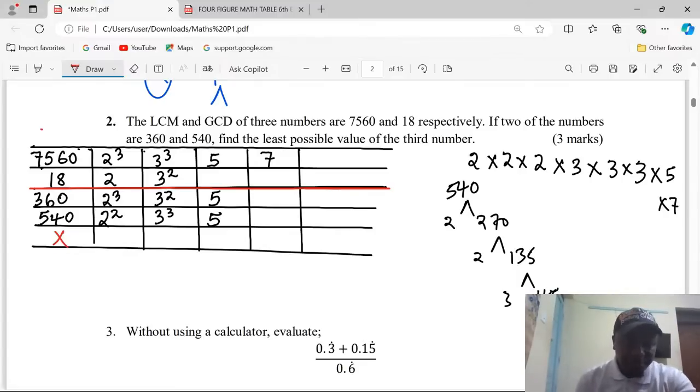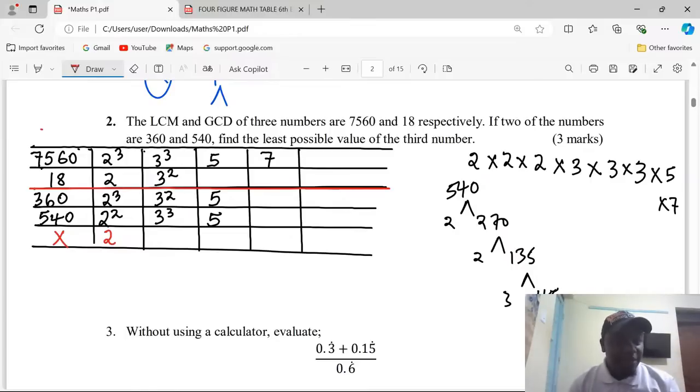This means the number which is coming in, for it to be sharing the GCD, it should at least have 2, because 360 will provide 2 power 3. So we just want minimally the 2 to appear so that they may share the GCD.